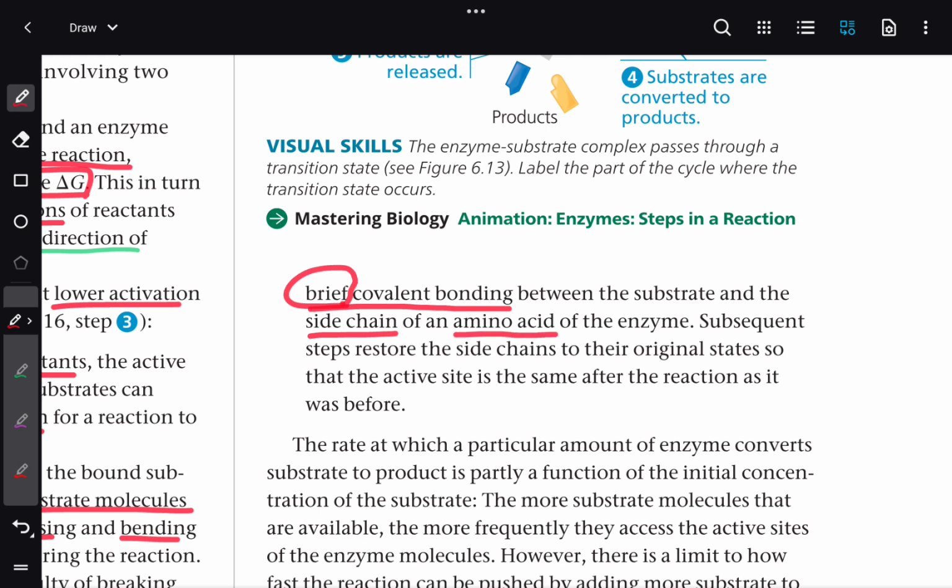It is brief. Subsequent steps restore the side chains to their original states so that the active site is the same after the reaction.